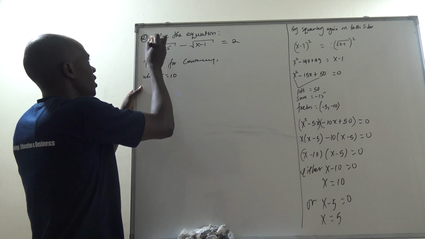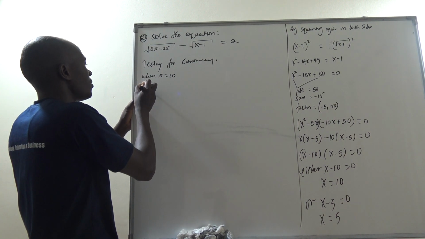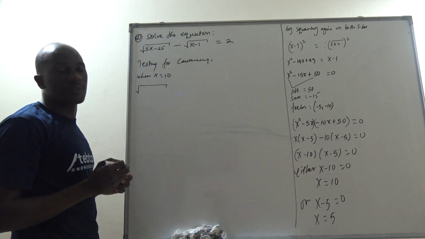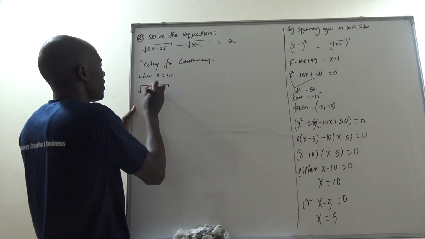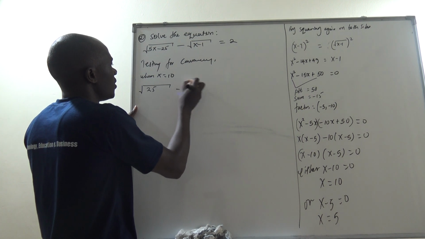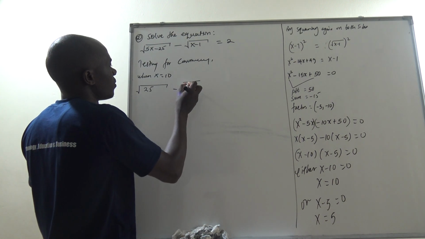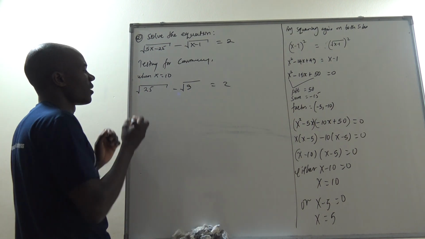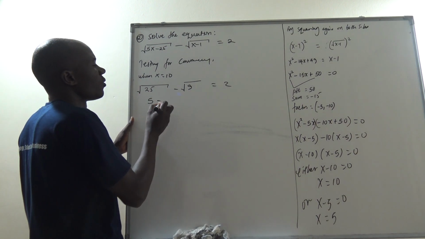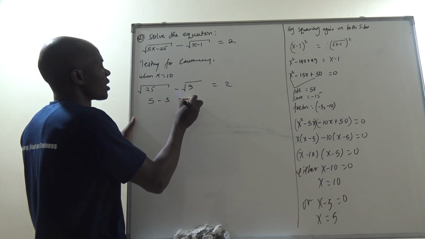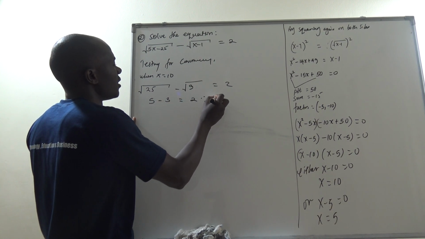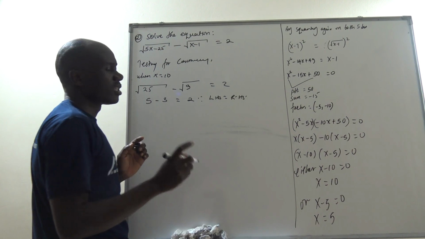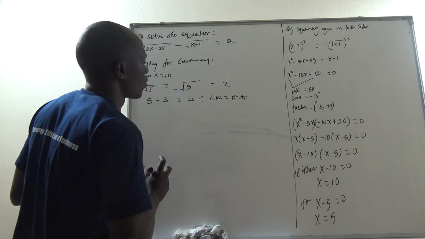When x equals 10, we substitute here: the root of 5 times 10, that is 50, 50 minus 25, we get 25, minus the root of 10 minus 1, we get 9. We should get 2. The square root of 25 is 5. The square root of 9 is 3. So when you subtract, you get 2.